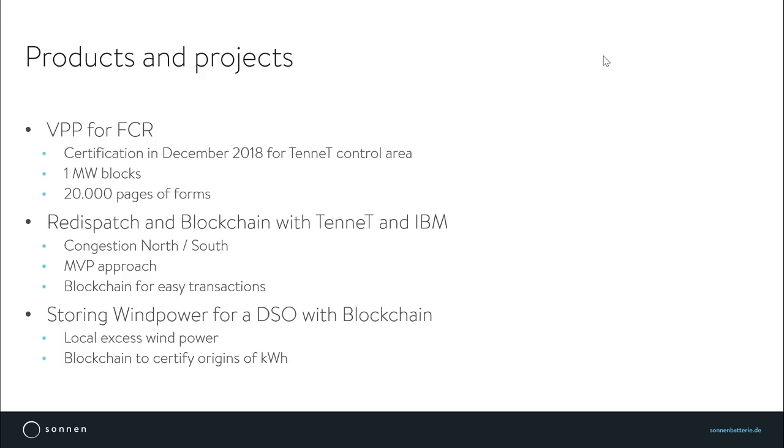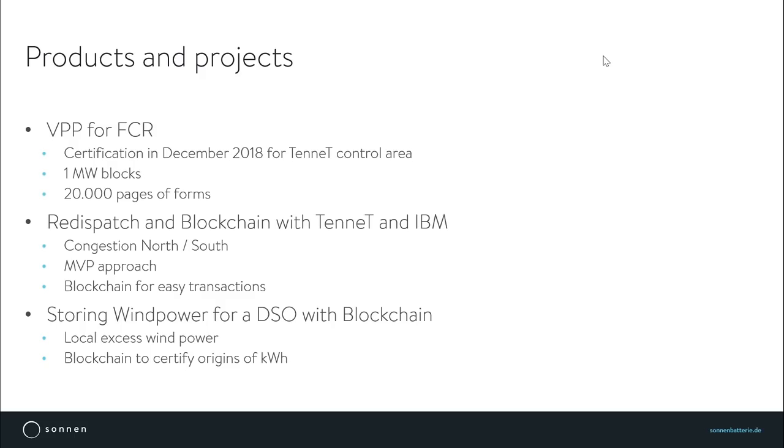And again, we test blockchain, not because it's a hype, but because it allows us to attach properties to kilowatt hours. So the blockchain solution will allow us to actually certify the origins of the kilowatt hours we store there. So the idea would be that we can prove to regulators or to any other market participants that the electricity we stored during times of excess wind power was actually meant to be stored for the DSO.